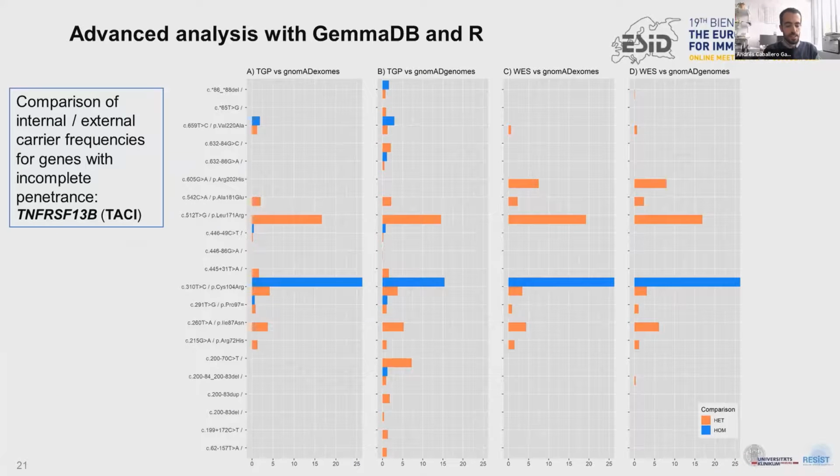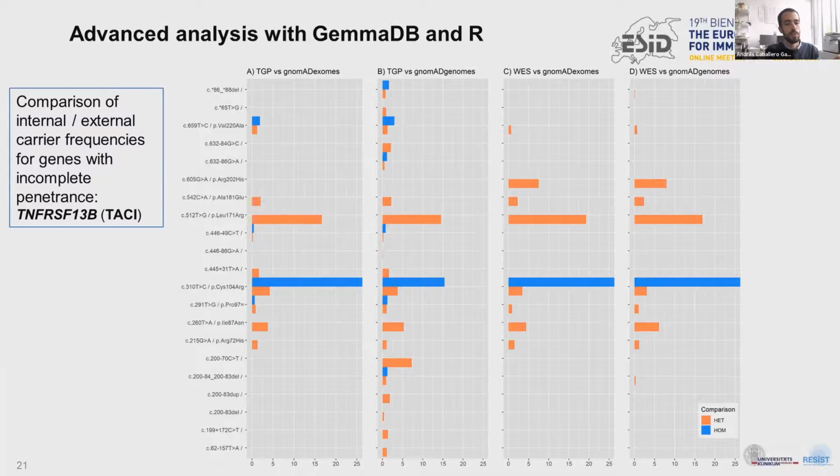Finally, just a quick example of what an advanced user could do by directly querying the database with a program like R. In this example, let's say you want to compare how much more frequent variants are in a specific gene, such as TACI, a gene with incomplete penetrance, or maybe considered a risk factor.